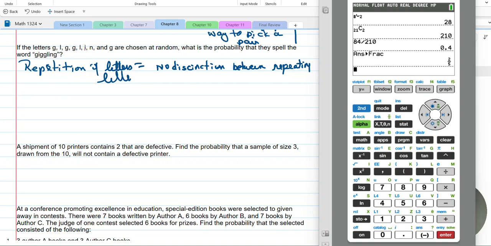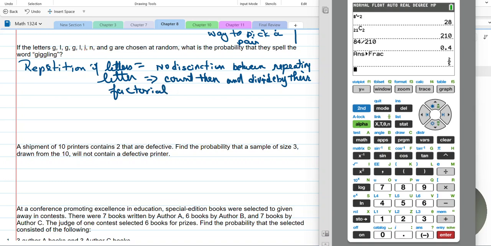Therefore, count them and divide by factorial. Right. So let's look at this one.